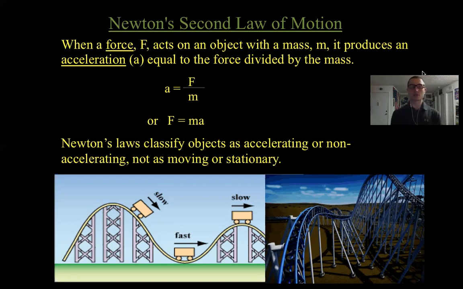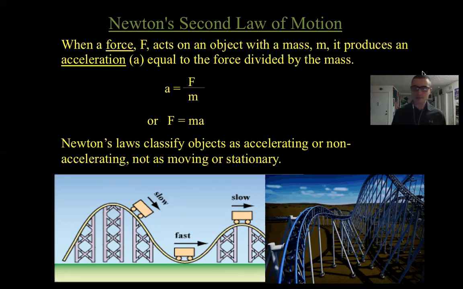Okay. So again, first law: stay put or stay in motion forever unless acted on by an outside force. But with second law, we're just talking about force itself. We're talking about what makes force: how large is something, how much mass does it have, and how fast is it able to go?